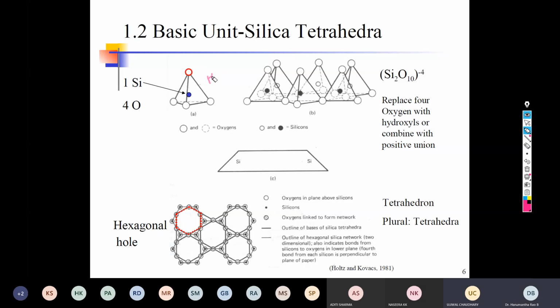Electrostatic. No, it is the surface tension. The force with which this oxygen is holding this H2 is called surface tension force, which is quite weak as compared with the diffused double layer force.